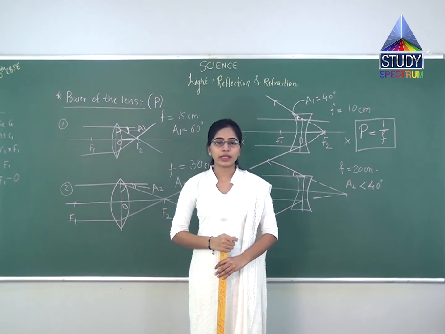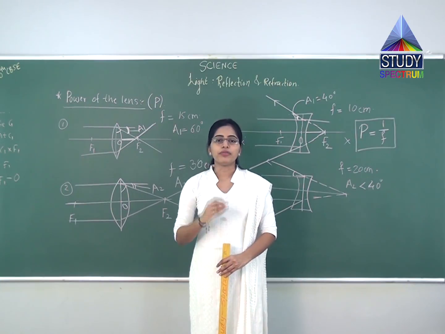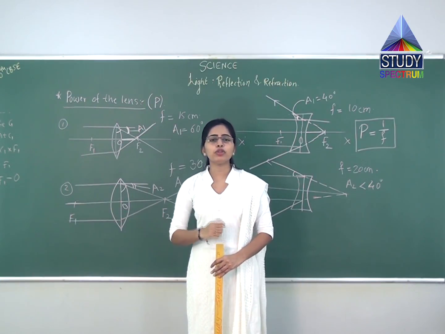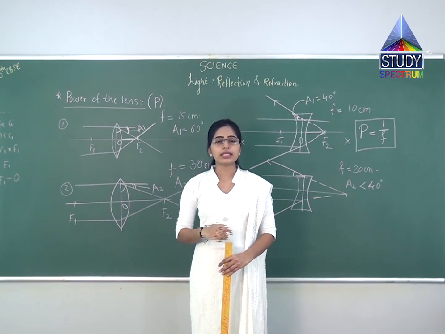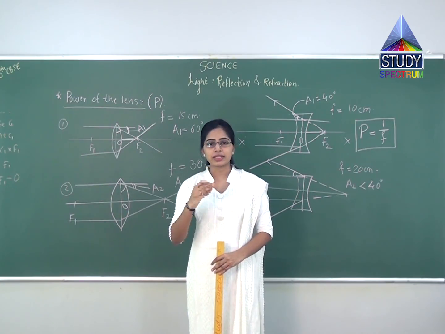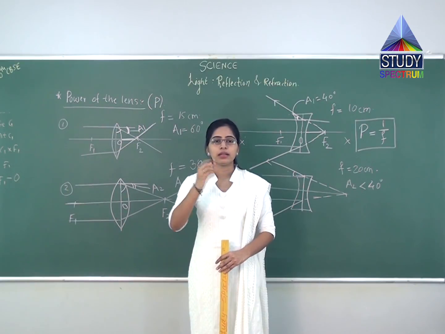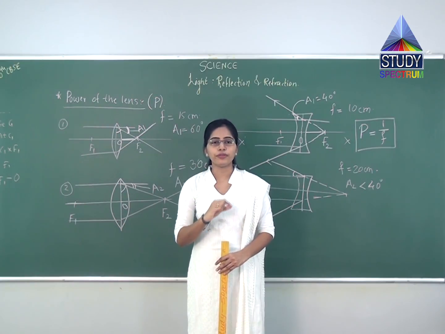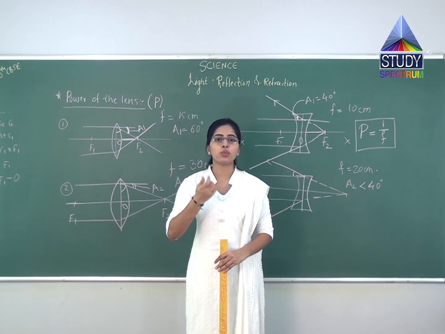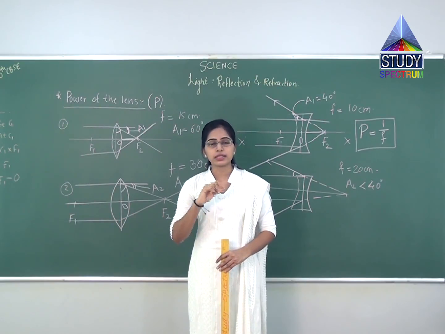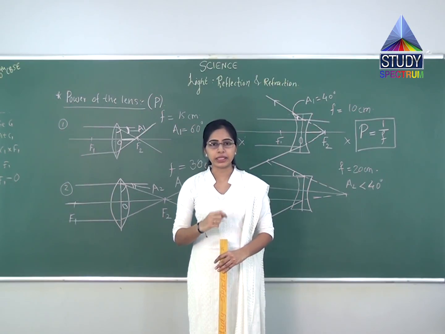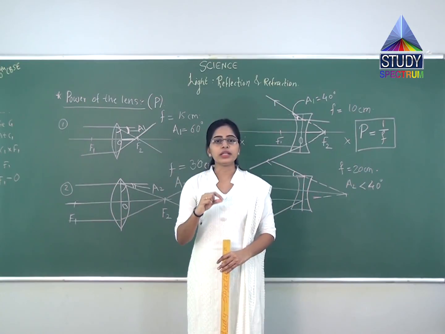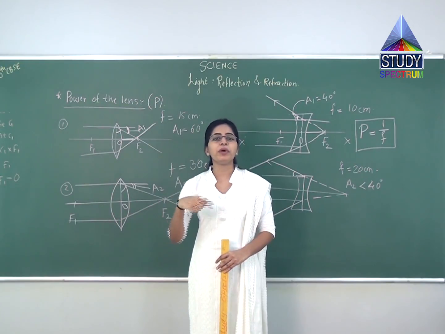Now here I will explain the examples. Firstly, the SI unit of power is known as the diopter. If I am saying the lens is of focal length plus 1 meter, that means its power will be 1 per meter.